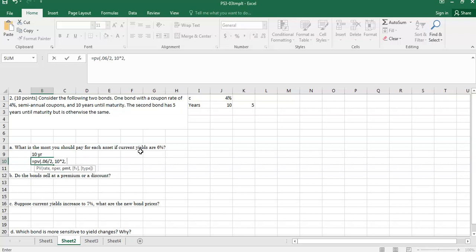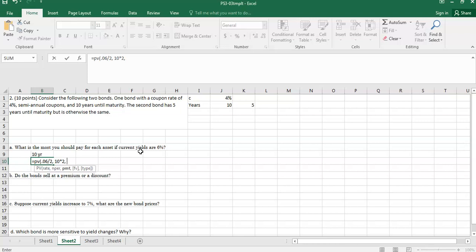When I go calculate my payment, the coupon rate is 4%. So we're going to do this problem per $100 of face value. So I want my coupon payment, where that is 4% times 100% of face value, $100 of face value.